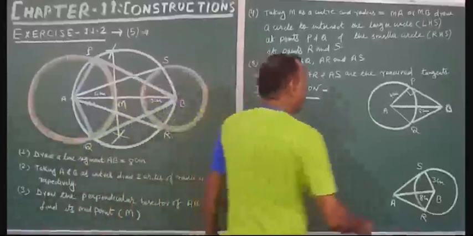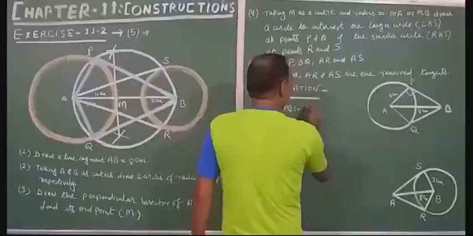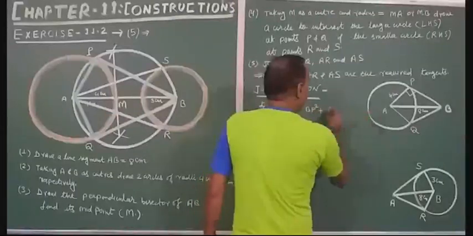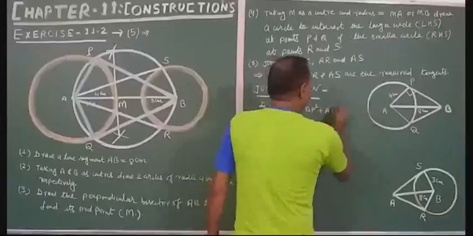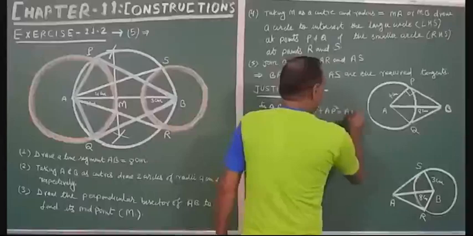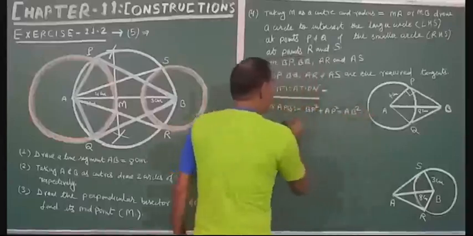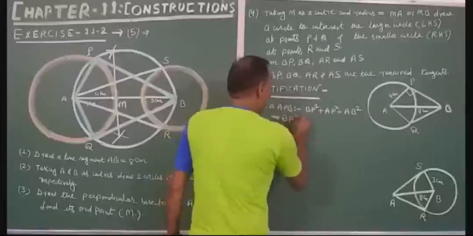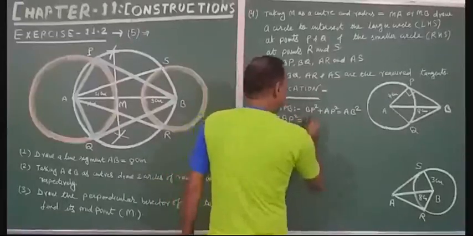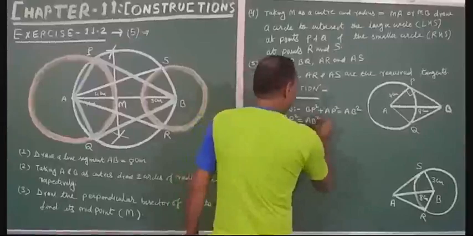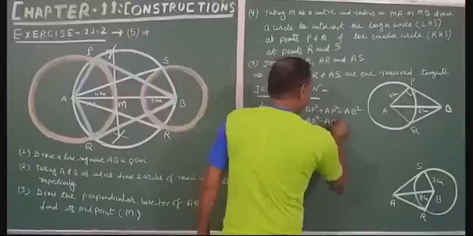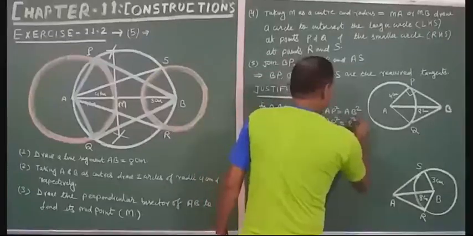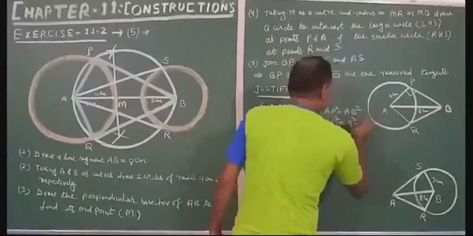So what will happen? BP square plus AP square will be equal to AB square. So BP square can be calculated as AB square minus AP square, that is 8 square minus 4 square.